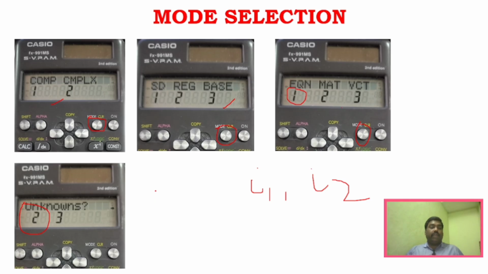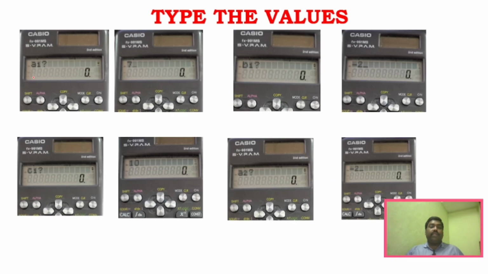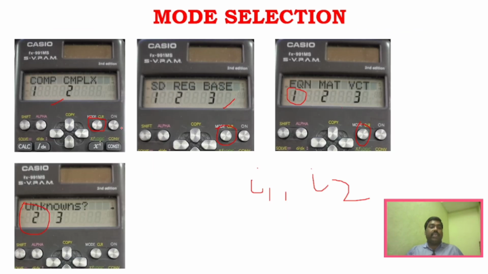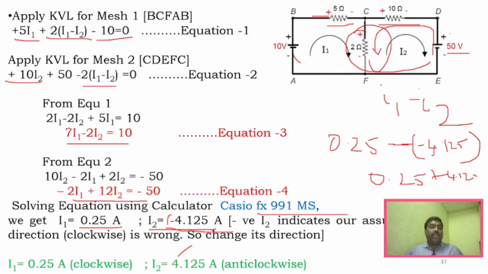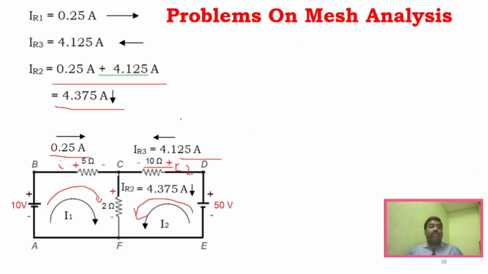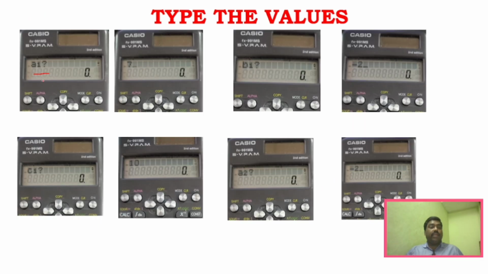After selecting 2, it will ask you for the values. It will ask you for A1. From our expression, A1 is 7, B1 is minus 2, C1 is 10, and similarly A2 is minus 2, B2 is 12 and C2 is minus 50. That is the value I'm giving here. So for A1 I give 7, and for B1 I give minus 2.